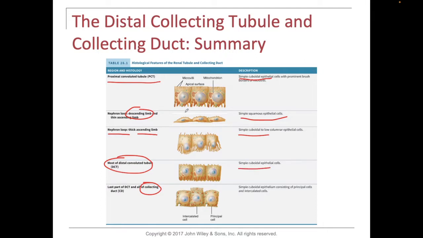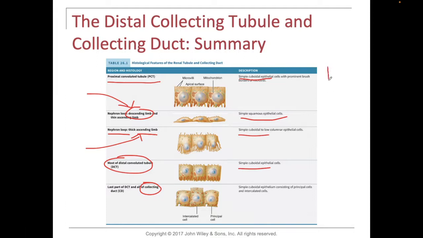And you could see that based on the different types of epithelium, the thickness of it even, it will allow for the diffusion of certain elements. Maybe water can pass through certain areas, or salt can pass through certain areas. And what's unique and interesting is that you can see that the descending limb and the ascending limb are made up of different types of epithelium.